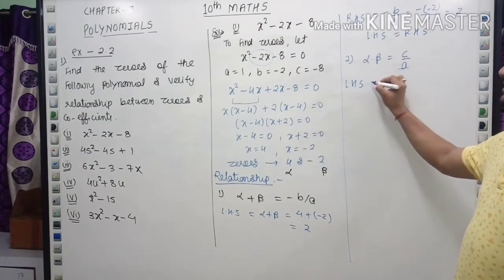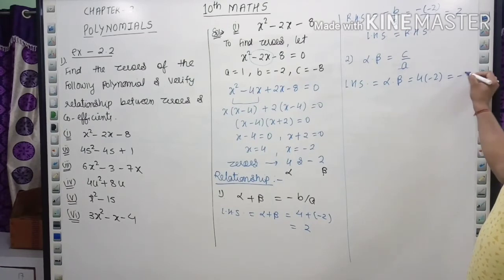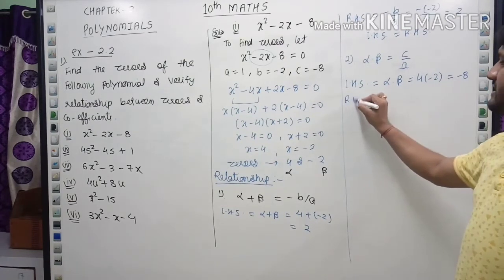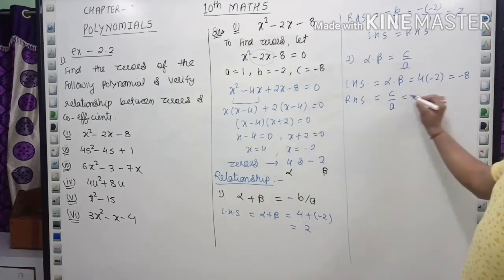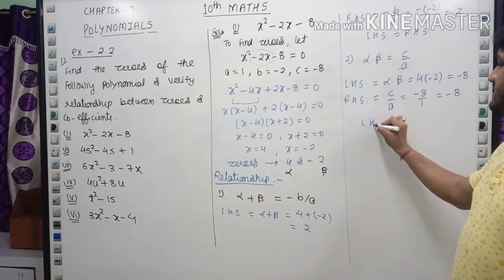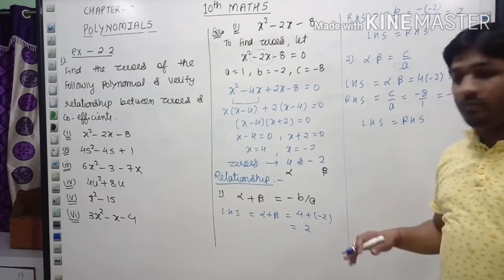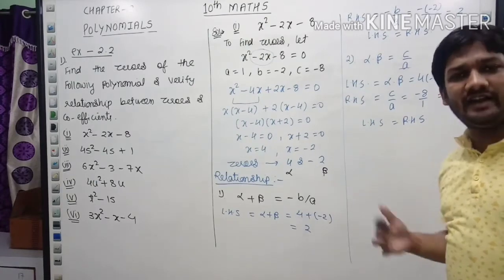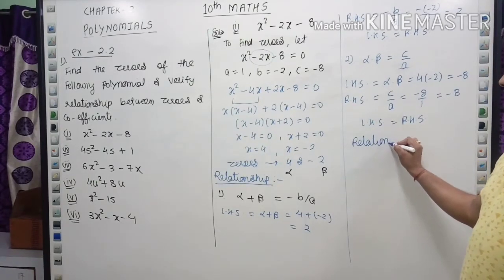LHS: alpha into beta, that is 4 into minus 2, which is equal to minus 8. RHS is c upon a, c is minus 8, a is 1, that is minus 8. So LHS is equal to RHS. So I can say that both the relationships are verified.